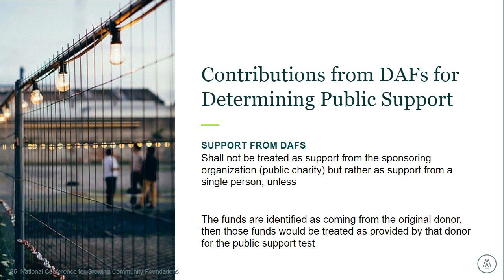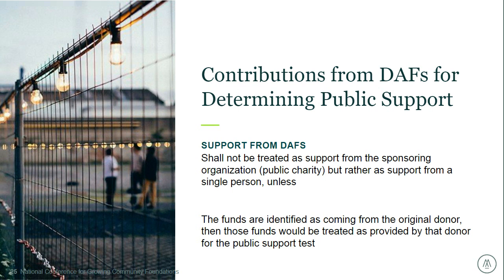And with respect to the changes in the calculation, when a contribution to a public charity comes from a DAF, the change is basically that support from the DAF will be treated as coming from a single person, so that all amounts from that sponsoring organization would be treated as made from one person when subject to the 2% limitation.